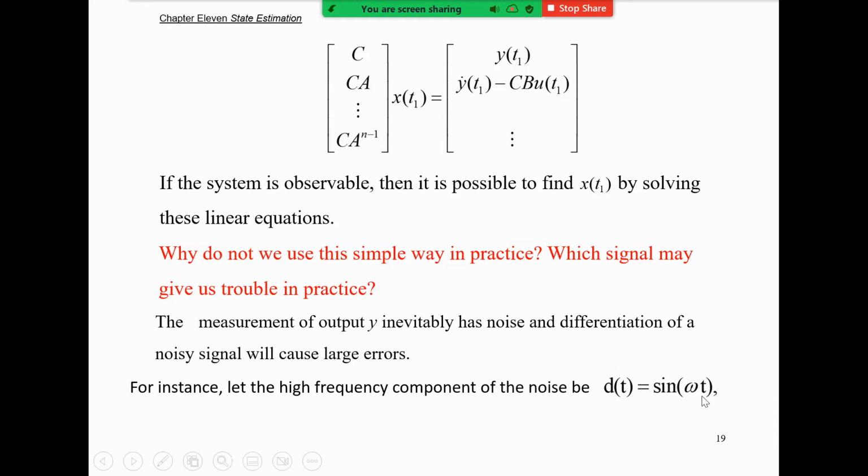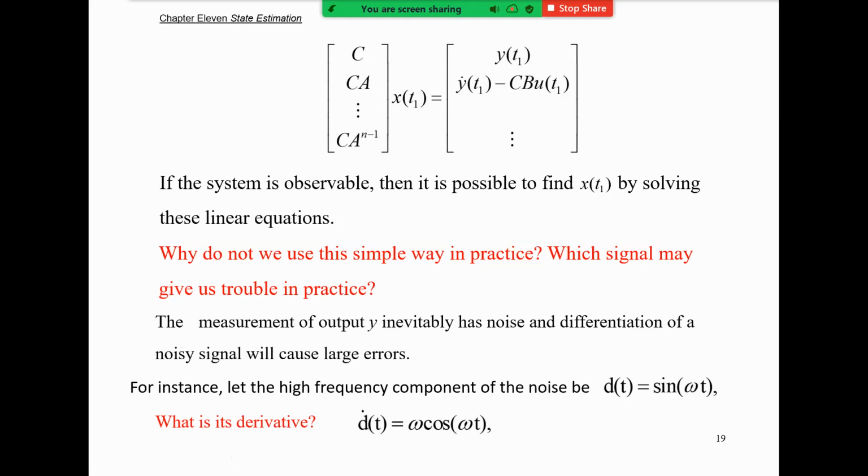Even if the signal itself has small magnitude, if you take a derivative, that will make the value huge. That will corrupt your estimation. Is that clear?